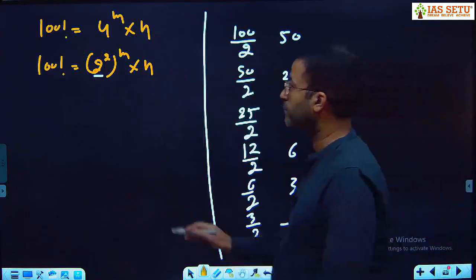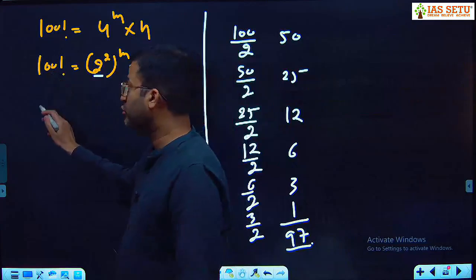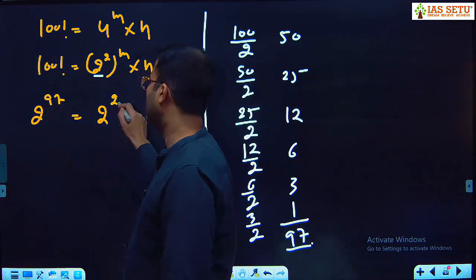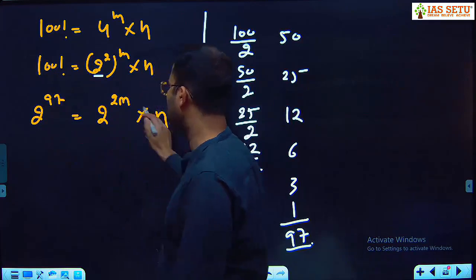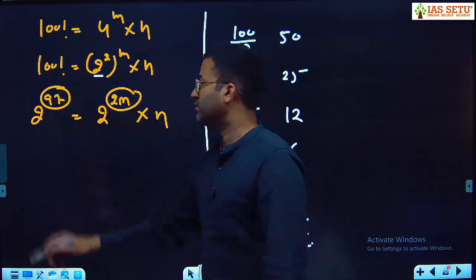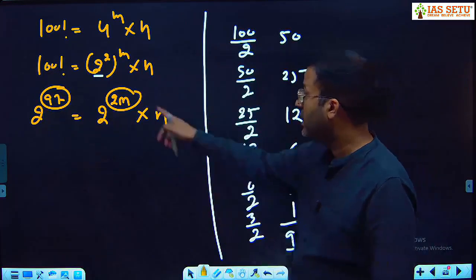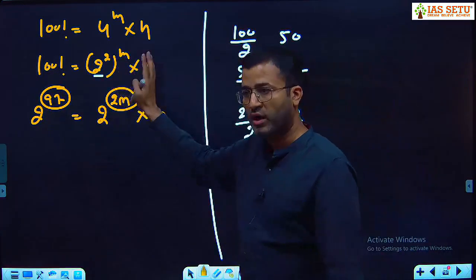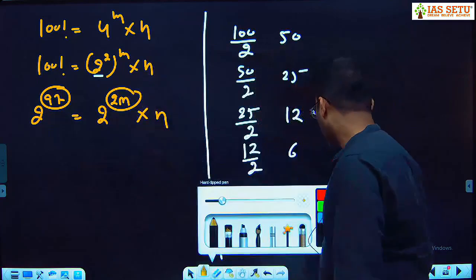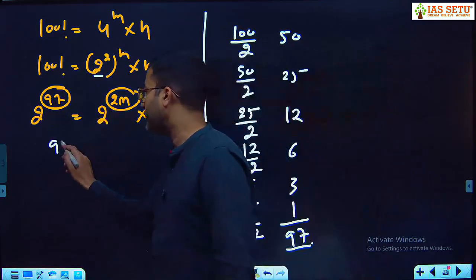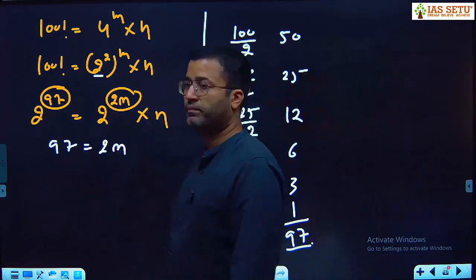कोई इशू नहीं है. Can we say how many 2s are there? 97. We are looking for 2 to the power 2m into n. n हटा दो, 2m is 97. You are getting how many 2s? 97. And we get 2 to the power 2m according to the concept. We have to take the maximum value of m. So what do you have? 97 is equal to 2m.